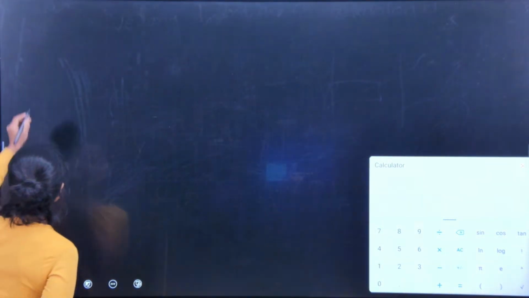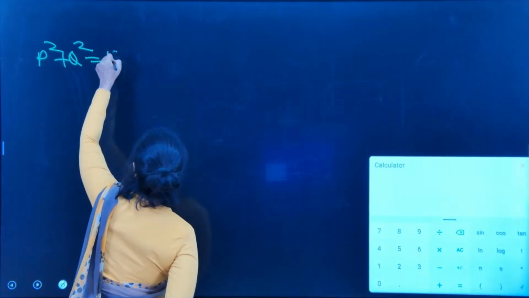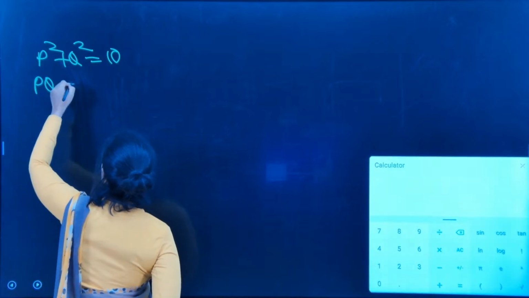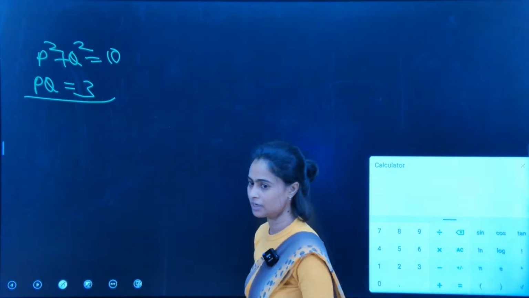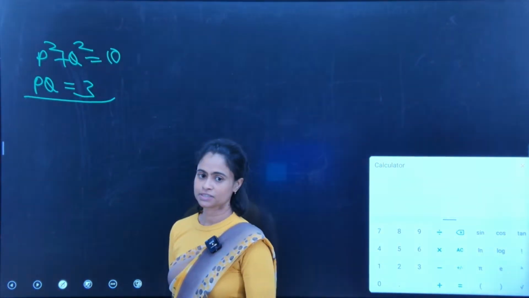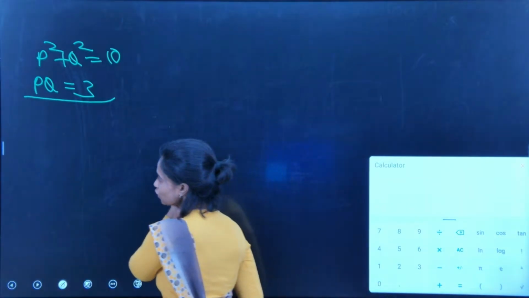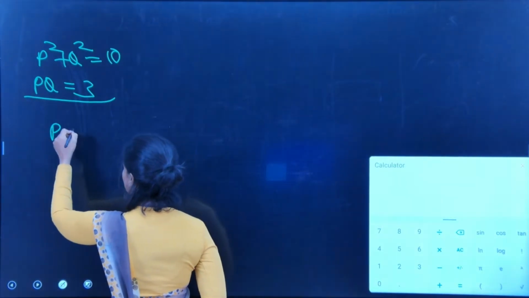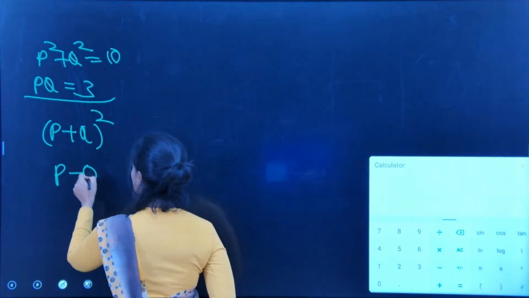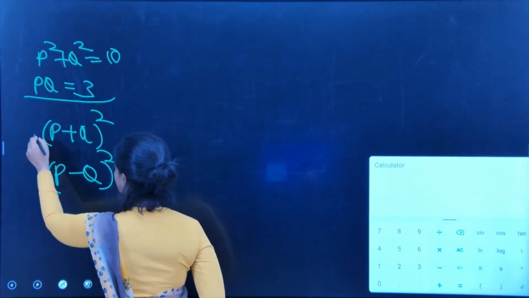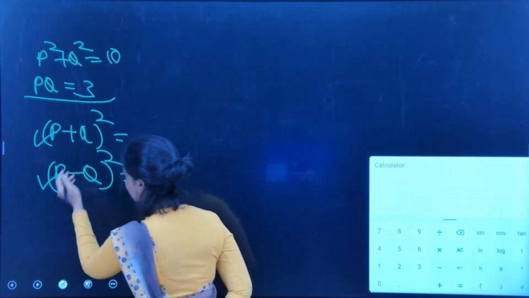So what we have gotten is P square plus Q square as 10 and PQ as 3. With these two pieces of information, I'm giving you the steps to solve this problem, and I request you to solve it and show it to me. Go with the P plus Q whole square formula and the P minus Q whole square formula, and you will get expressions for P plus Q whole square and P minus Q whole square.